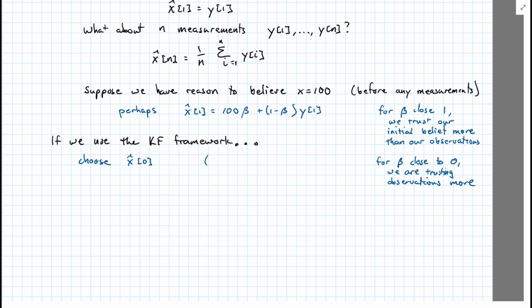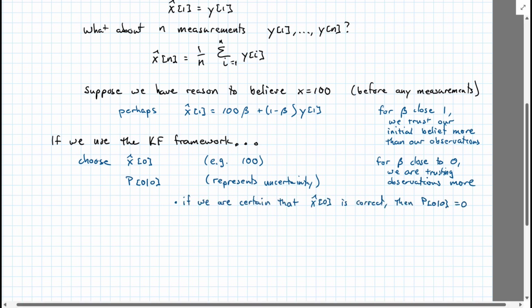For example, the 100 that we chose up above, and we need to choose our P0 given 0, which is our uncertainty. If we are certain that x hat 0 is correct, then our uncertainty is 0, and we choose P of 0 given 0 to be equal to 0.